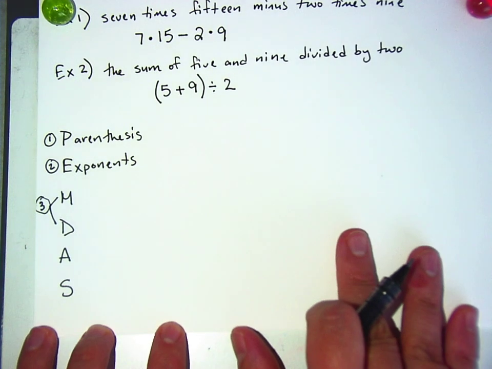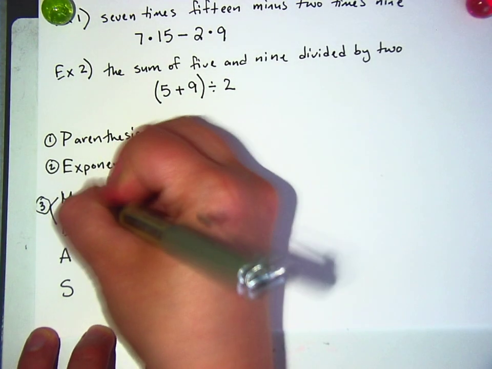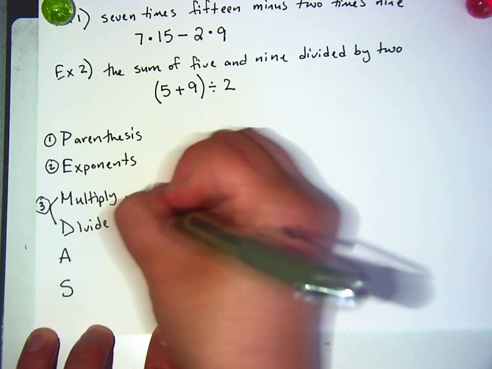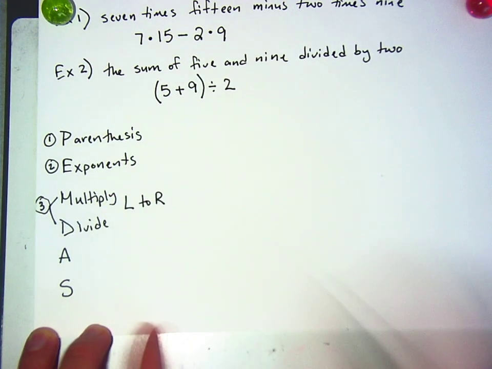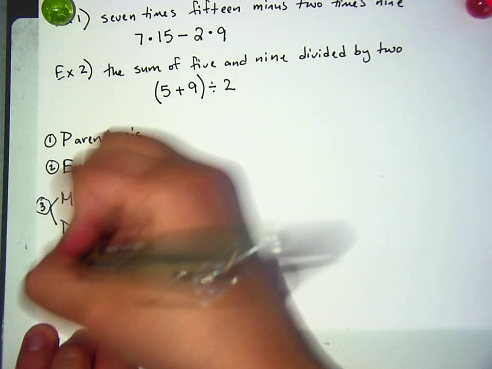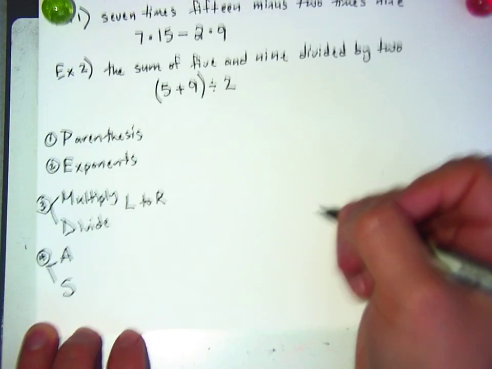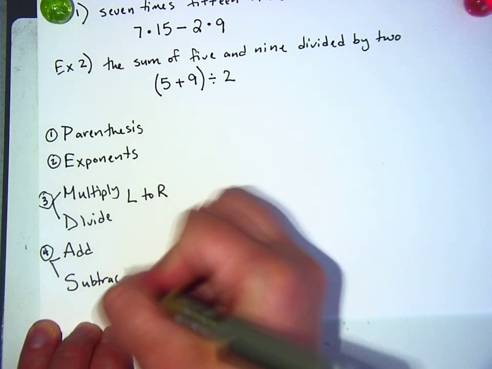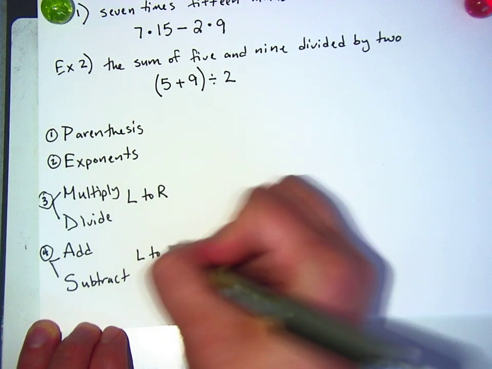They stand for multiplication and division. So multiply and divide. And I'm going to write here left to right. So it's not like you do all the multiplication first and then all the division. You go left to right in the problem and you do all the multiplication and division there is. And then these two you do together as the 4th step, and they stand for adding and subtracting. And again, these go left to right.